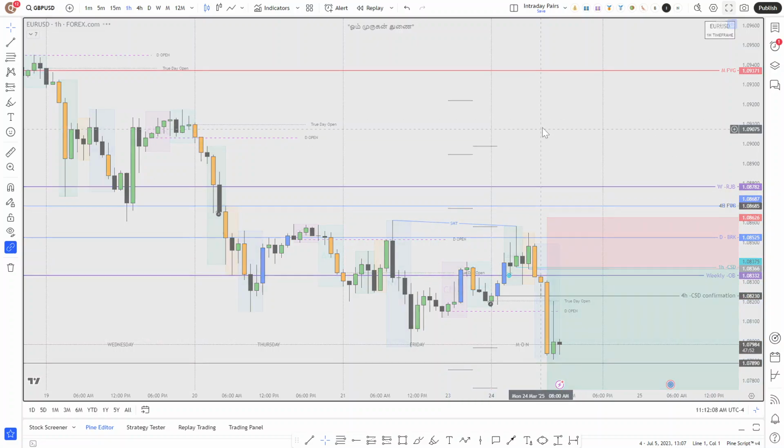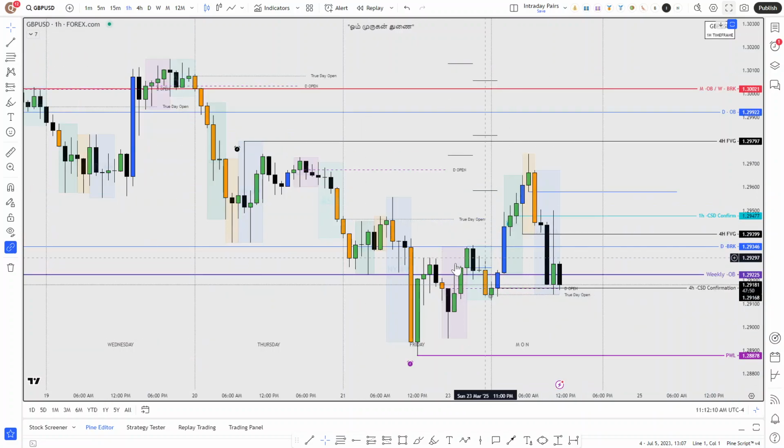But in GBP, initially it poked this daily bearish breaker in the early morning, but it failed, and then it formed another 1 hour CSG here. This seemed skeptical for a second entry, so we avoided placing a limit order here. This is the background for not placing a limit order for GBP on this 1 hour CSG confirmation.